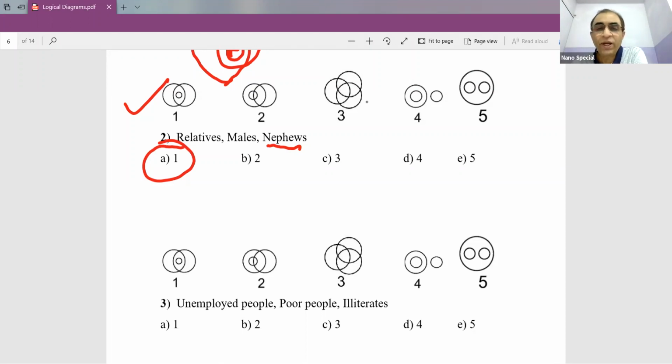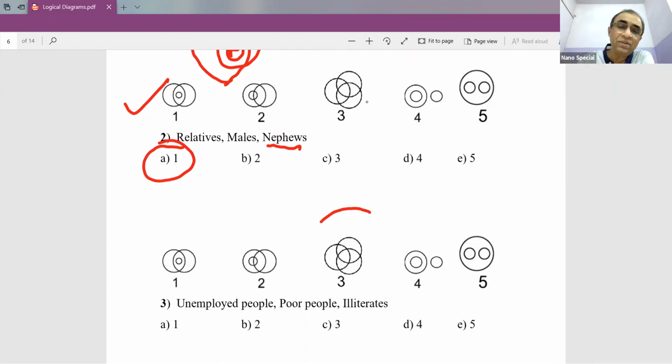Similarly, poor people and illiterates also may overlap. There may be an illiterate person who is rich also. So not necessarily all illiterates are poor. Similarly, unemployed people and illiterates can overlap. So there can be overlap, but definitely each set is not contained in the other.